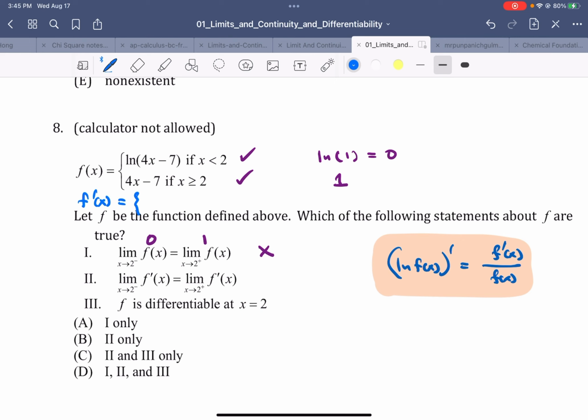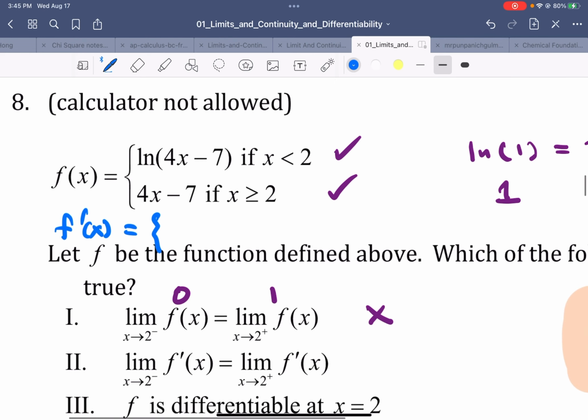Now, when you take the derivative of the first one, 4x minus 7, the derivative of 4x minus 7 is 4. On the second one, the derivative of 4x minus 7 is just 4. The first is when x is less than 2, and the second is when x is greater than or equal to 2.